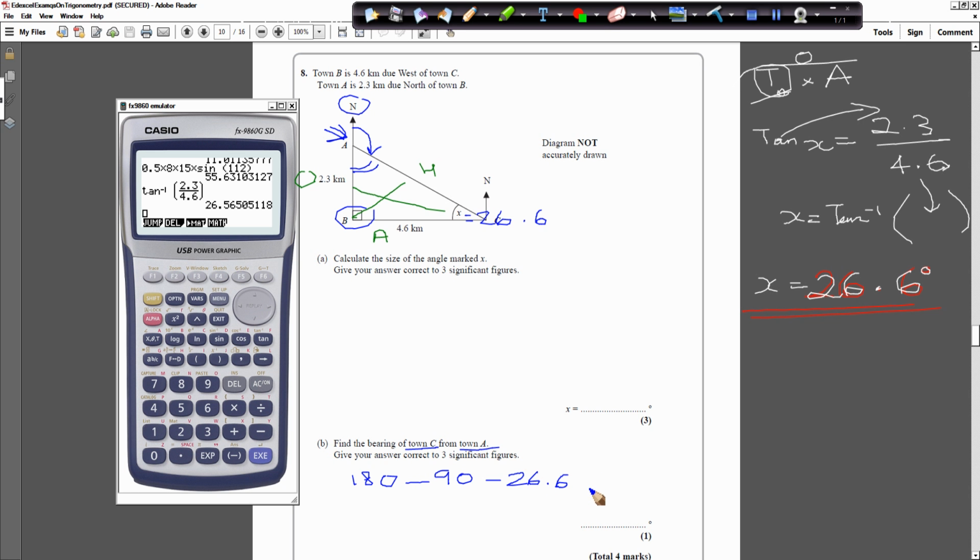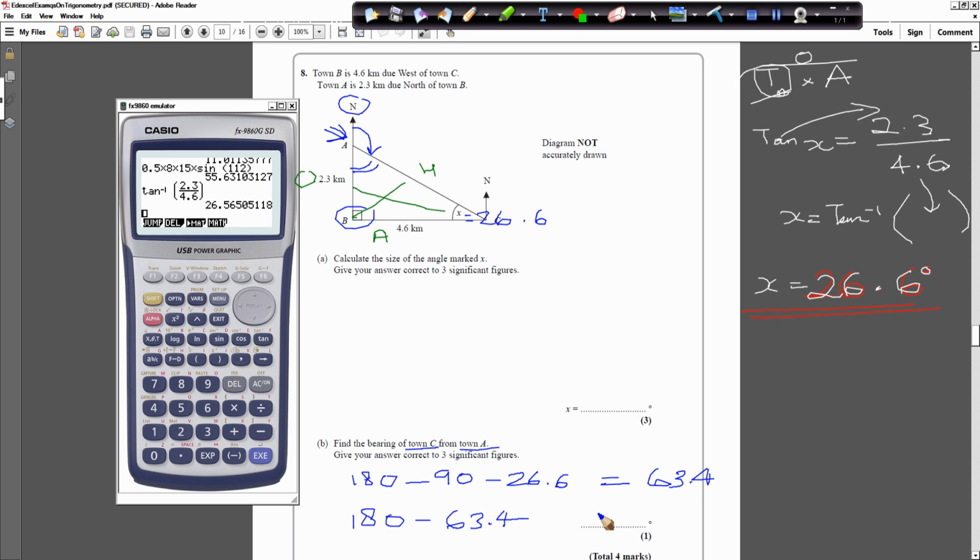Okay, what does that give us? 63.4. Now, if I want to work out this angle outside, what do we do next? Because angles on a straight line add up to 180, we do 180 again, minus the 63.4.